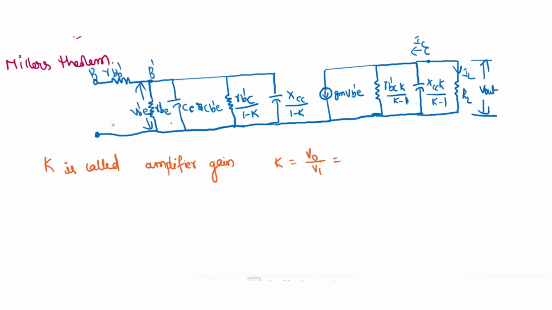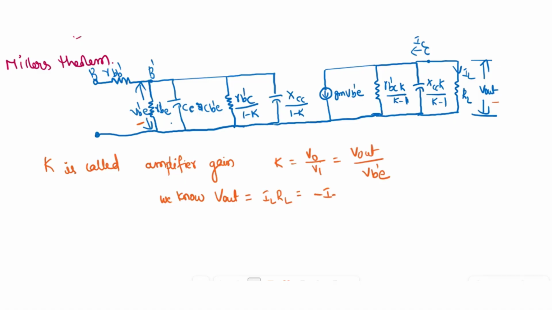What is the output voltage here? Vout divided by the input voltage, which is Vb'e. This is the input voltage and this is the output voltage. The current through the load resistor is IL. We know the output voltage Vout is IL RL. What is IL here?